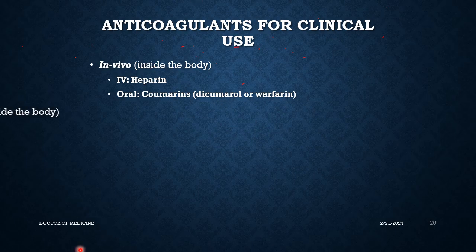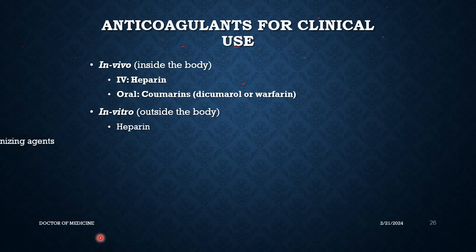All right, another thing is we have agents which work in vitro. These are used in different experiments in petri dishes and in the laboratory. So we have heparin, which is also used as an anticoagulant. We have calcium deionizing agents. We mentioned calcium, factor 4.